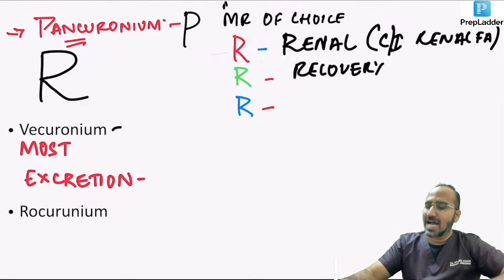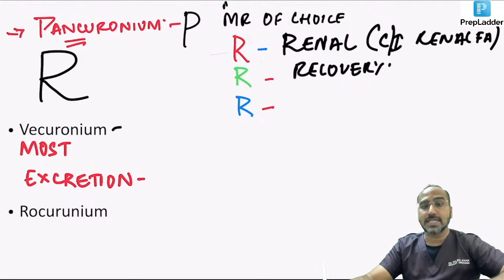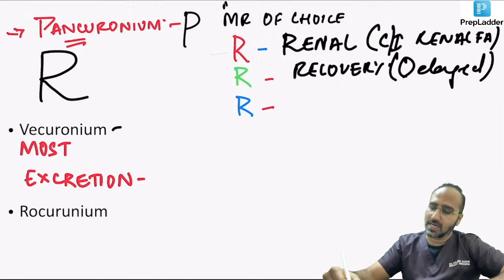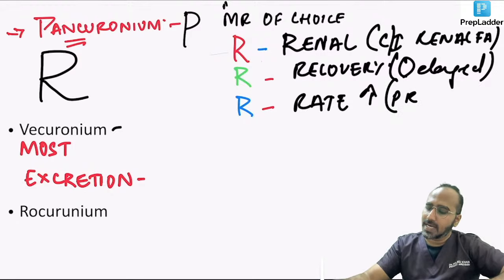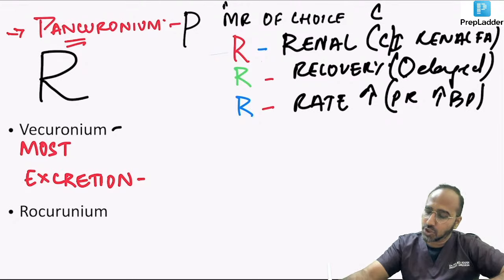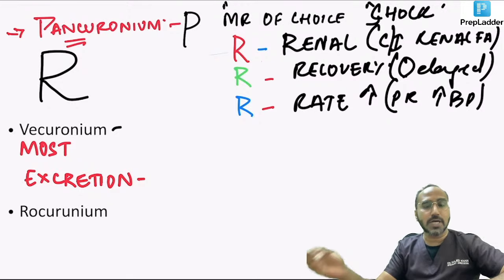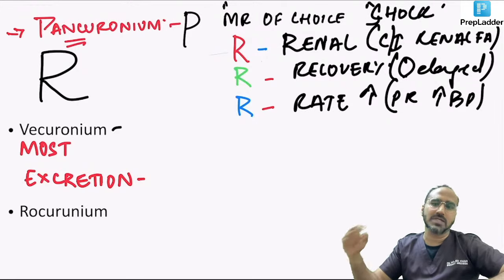Pancuronium is the second longest acting, hence it can cause delayed recovery. Last is what guys? Pancuronium increases the rate. What rate I am talking about? It increases the BP and pulse rate. Hence, it is a muscle relaxant of choice in shock. IV induction agent of choice in shock was ketamine. Pancuronium is a muscle relaxant.